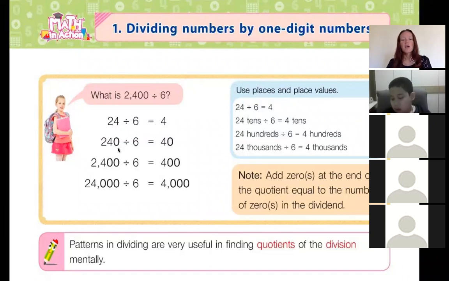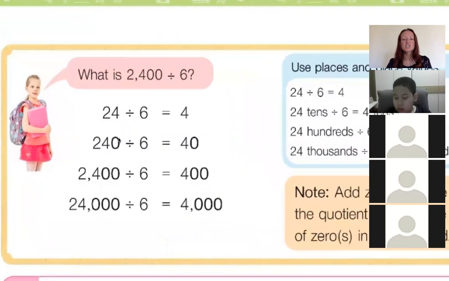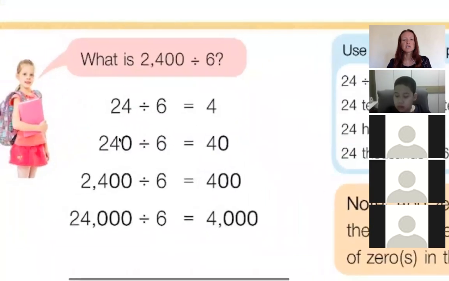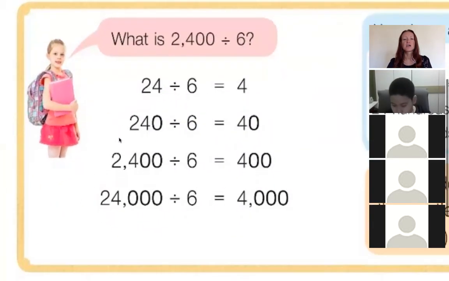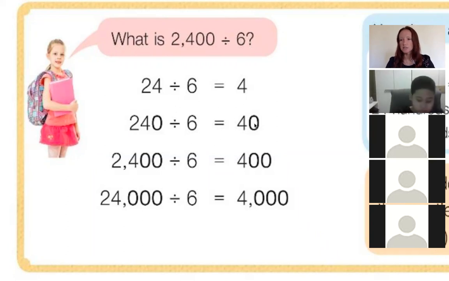Okay, good. Next, 240 divided by 6. Again, what do we do? We divide 24 by 6, and we transfer the 0 to the end.